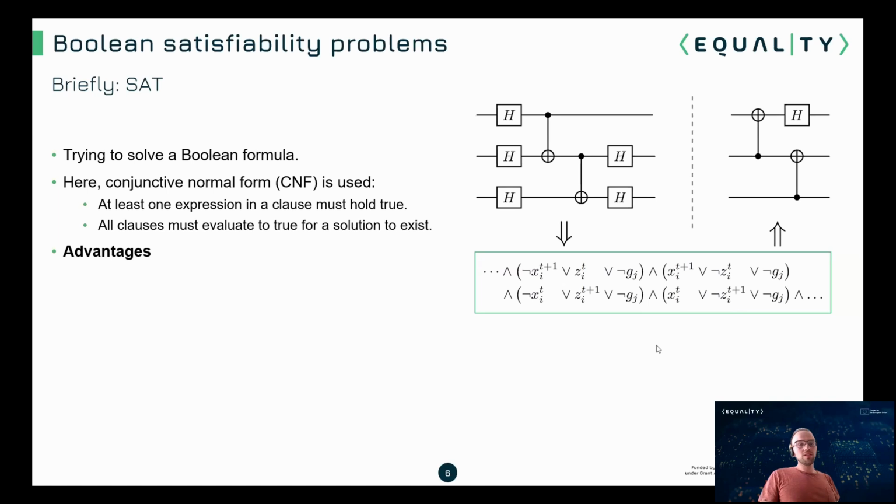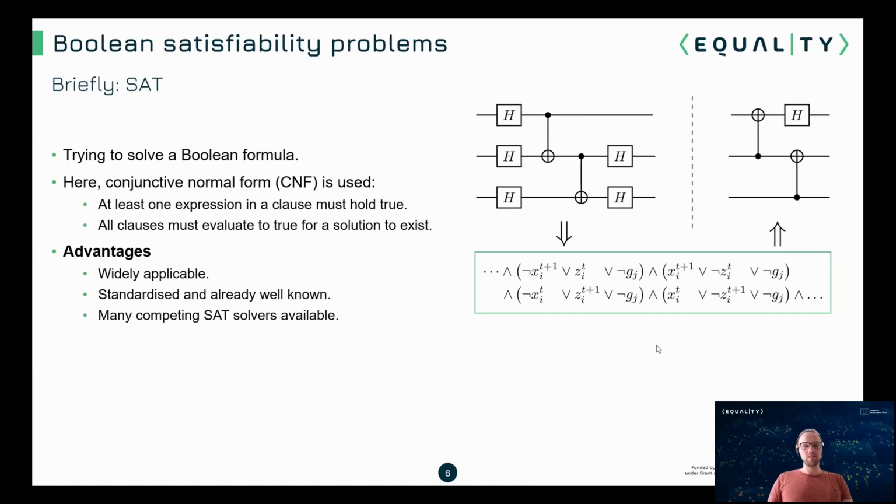Advantages of such a formulation are that this type of problem is already widely applicable in other instances. For example, the classical counterpart of quantum compilation, there is the so-called electronic design automation of classical processing units. And this is widely used there, but not only in that instance, but in many more. So since so many people already work with this type of formulas, it's already quite standardized and very well known, which leads me to the advantage that there are already many such solvers available which you can feed those formulas to.